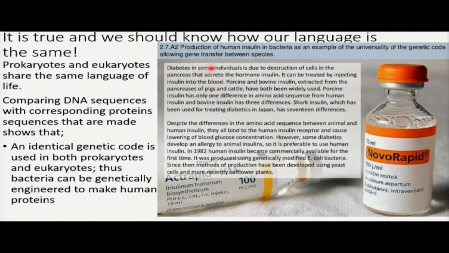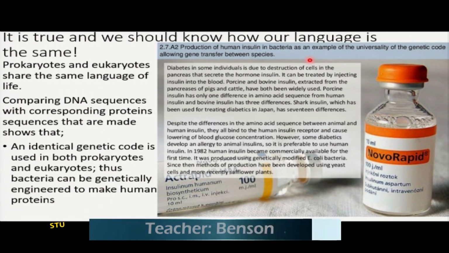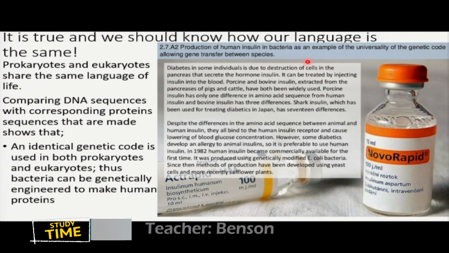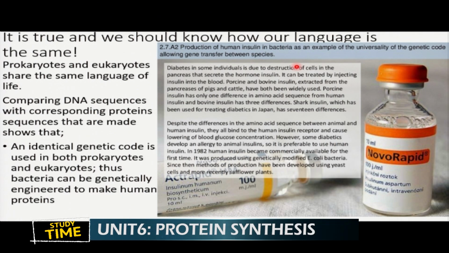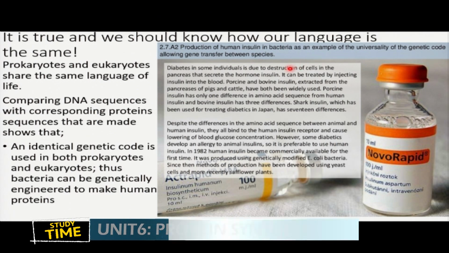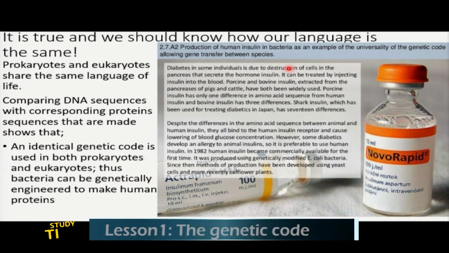That the production of human insulin in bacteria, as an example of the universality of the genetic code, is one good one we should not just take simple as that. There is so much in it that we still do have useful bacteria. If I'm diabetic, I don't need to depend on an animal to get insulin. So they can genetically engineer bacteria to be able to produce the insulin that I do need.